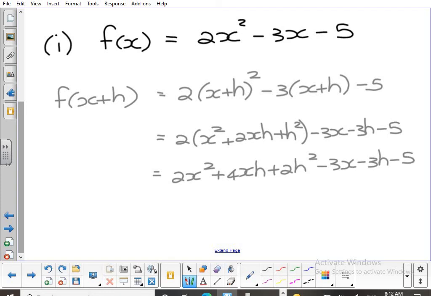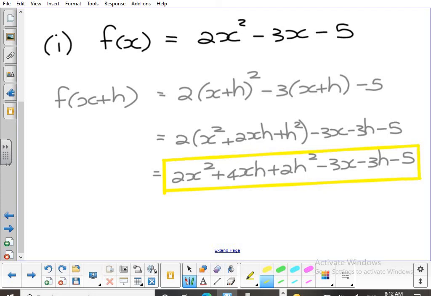And that's how far I can simplify that. So now you have the simplified form of f of x plus h. Don't try and do that in the formula, you're going to make a bugger of it.